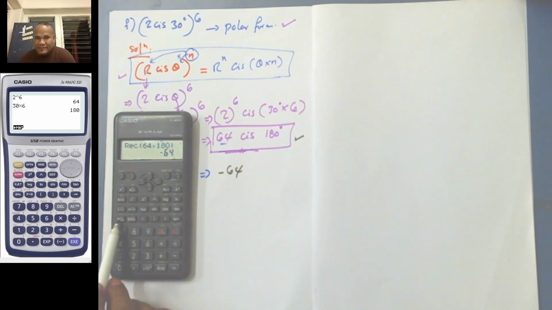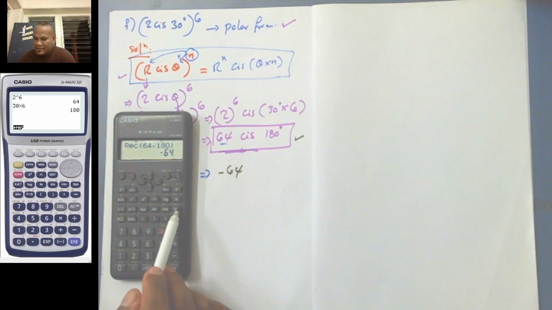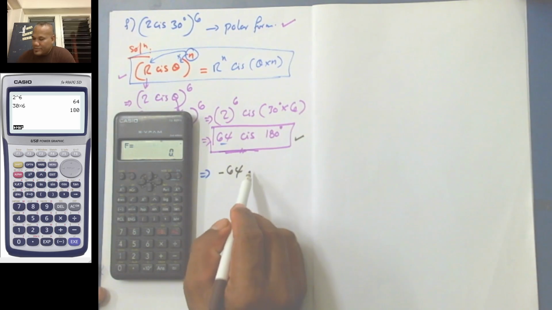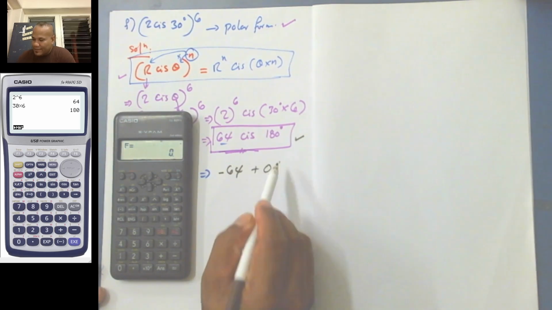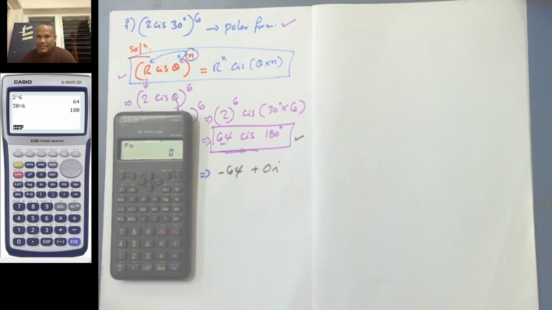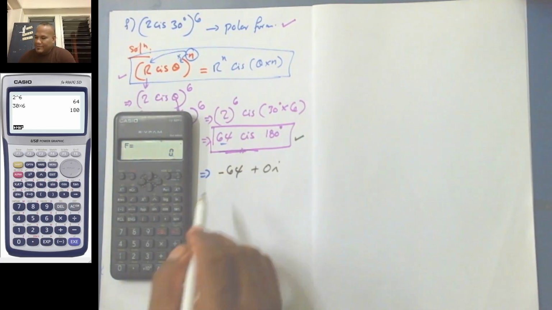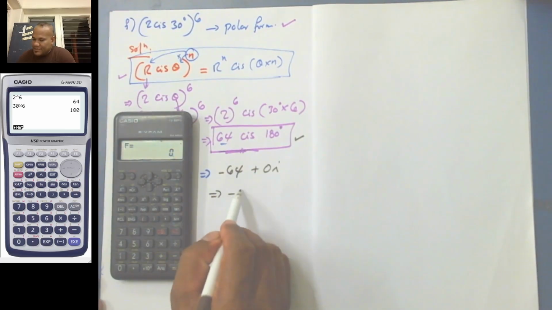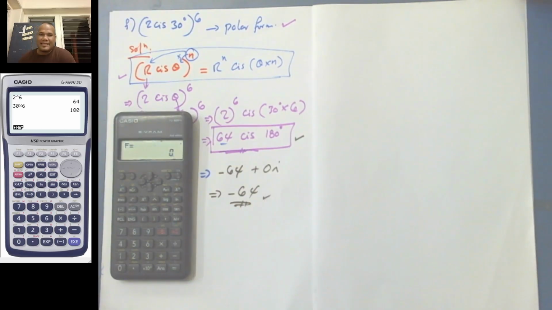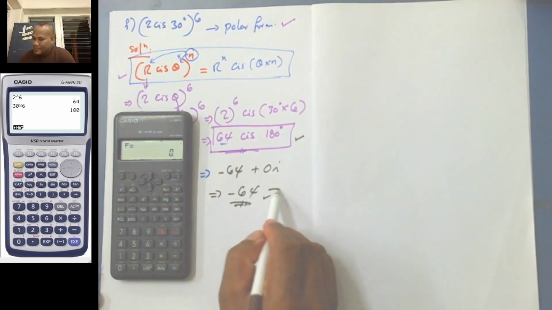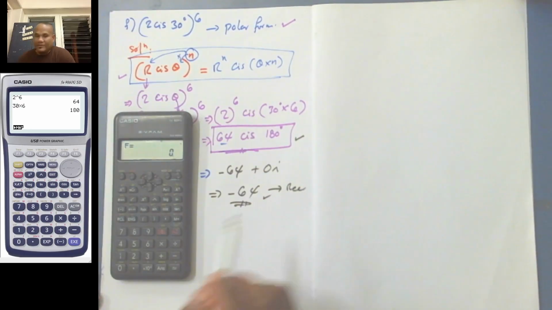So recall tangent. That gives you 0. So this is plus 0i. Okay, I can simplify this as saying it's just minus 64. So this is my answer in rectangular form.